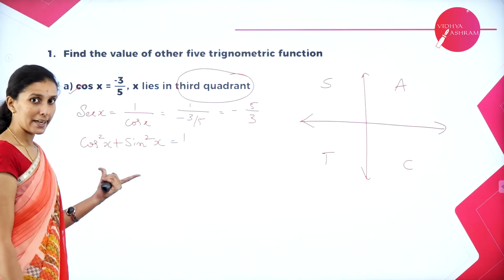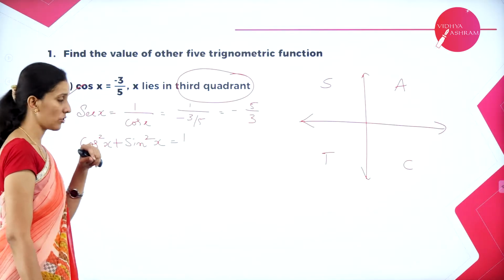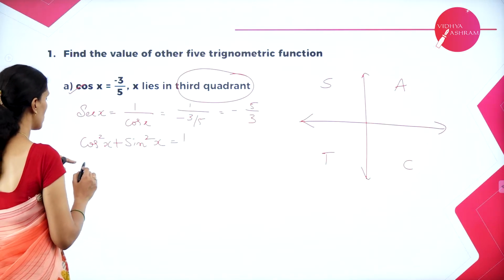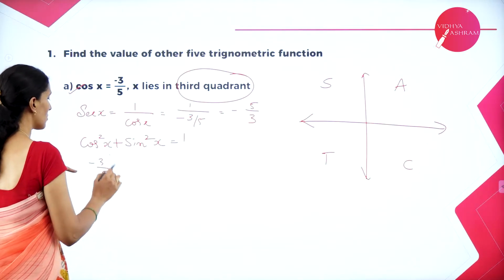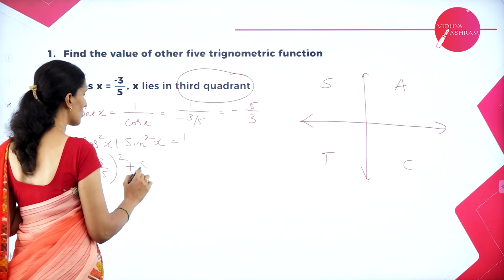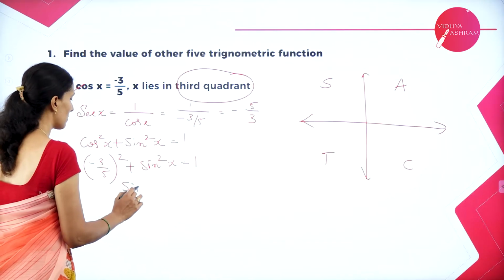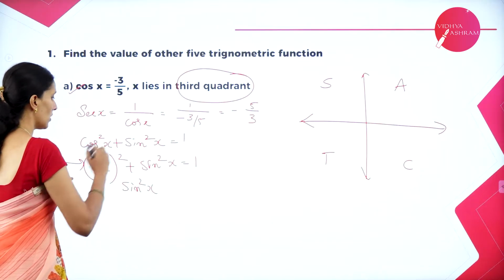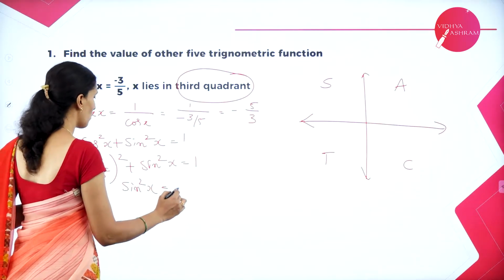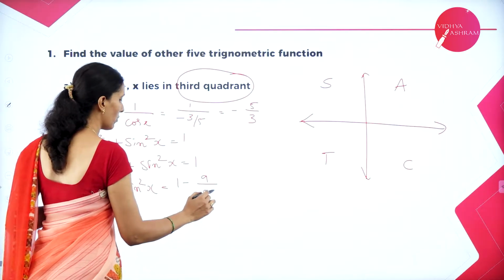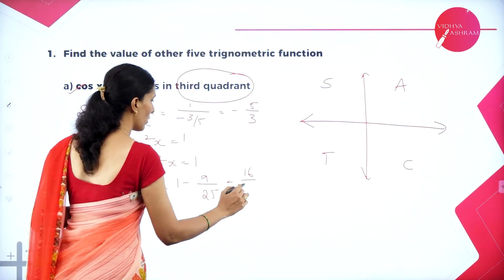This is the standard identity which we have learnt in our previous session. The value of cos is minus 3 by 5, square of it plus sine square x is equal to 1. So sine square x, if you shift this to your right hand side, is 1 minus 9 divided by 25, which is 16 by 25.